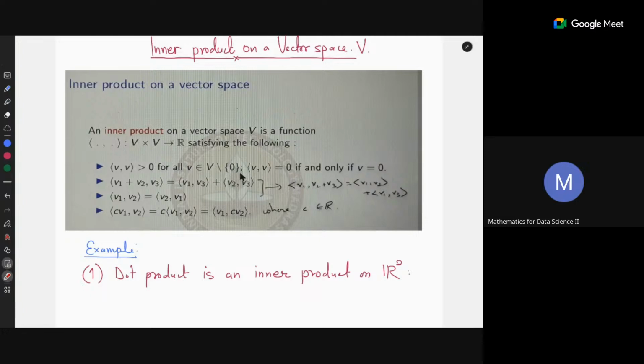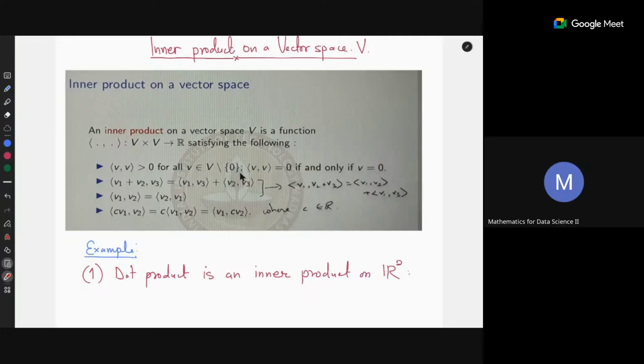Can you give an example of a vector space other than Rn in which the first property is not satisfied? Then it is not an inner product.